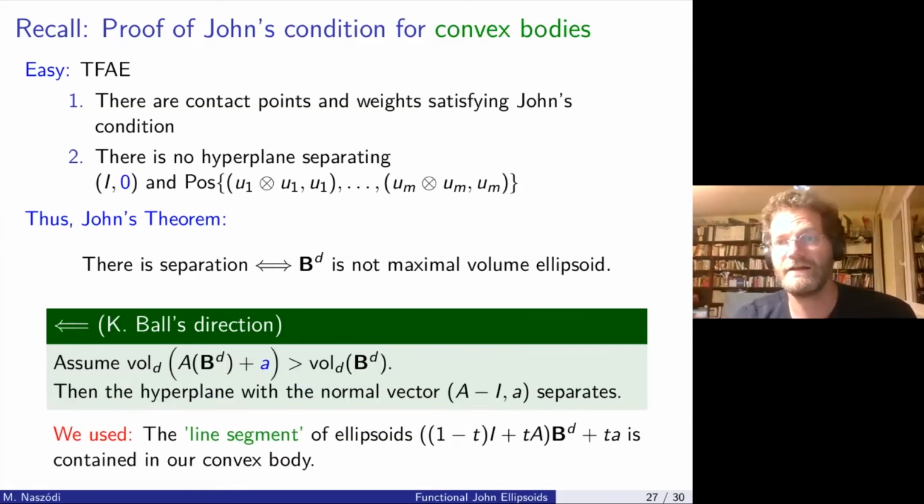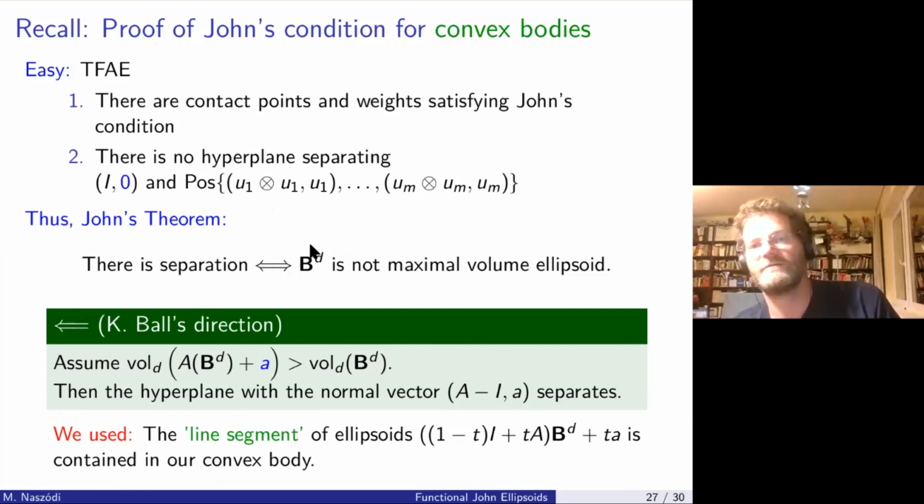And now Keith Ball's direction is the opposite. So he proved that if there is no separation, so in case you can write I0 as a positive combination, then the ball is the maximum volume ellipsoid.